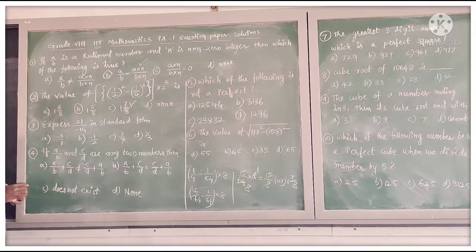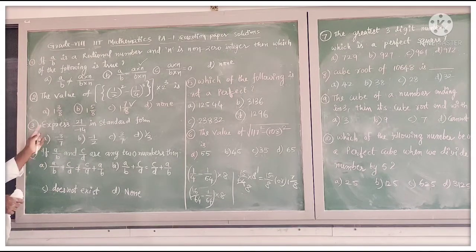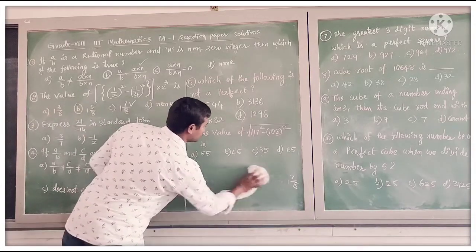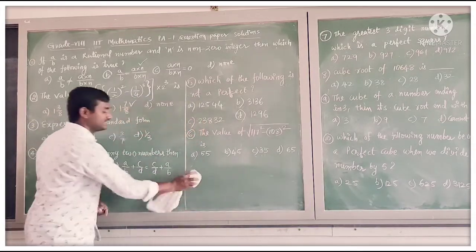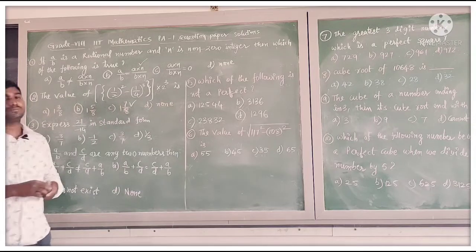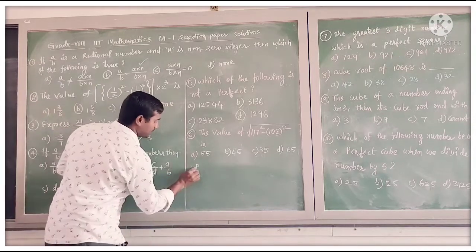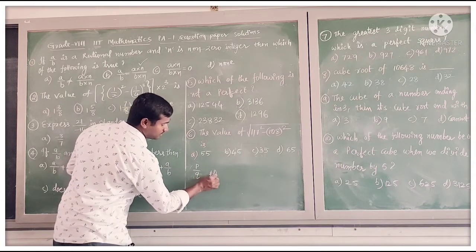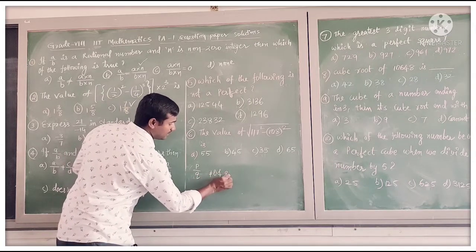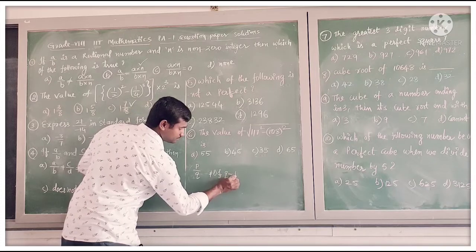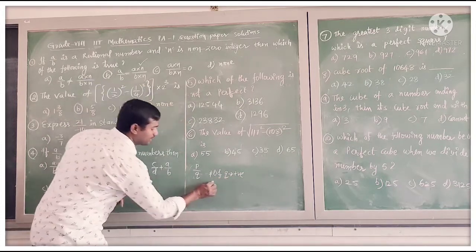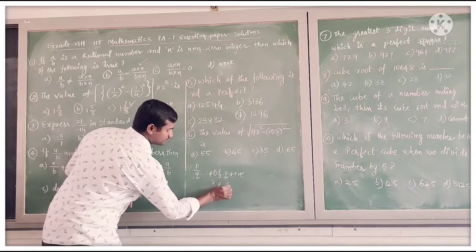Next, coming to the third question: express 21 by minus 14 in the standard form. The standard form of the number has conditions: the number should be in the p by q form, where q should not equal 0, q should be positive, and p, q are co-primes.